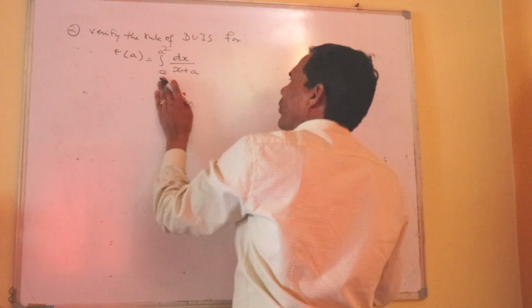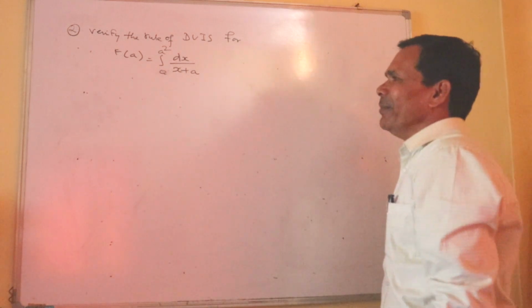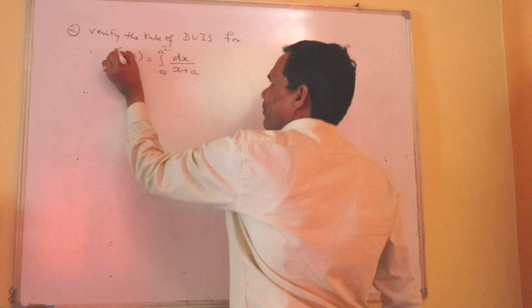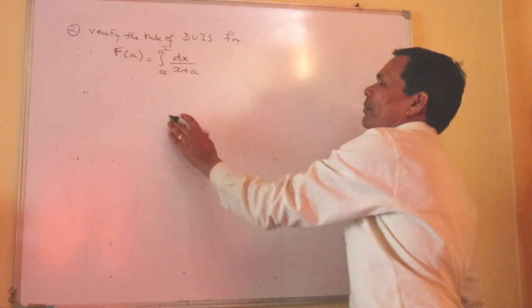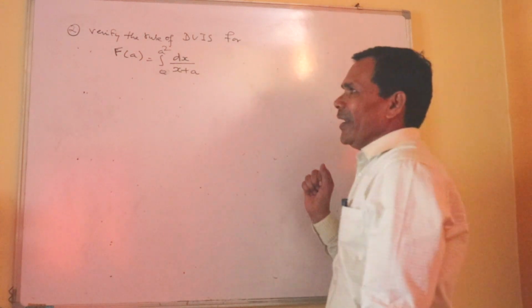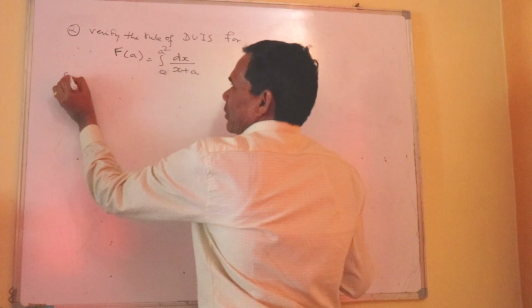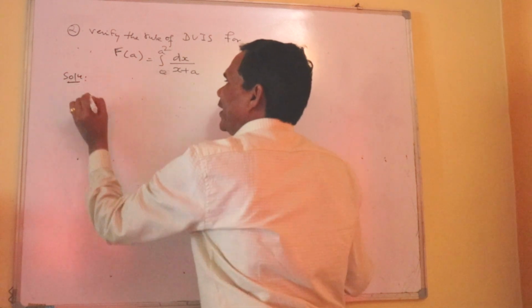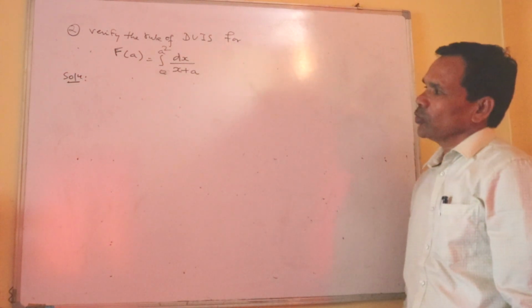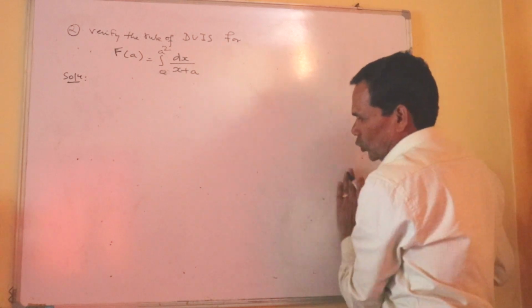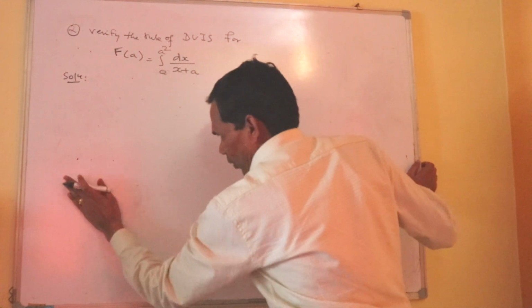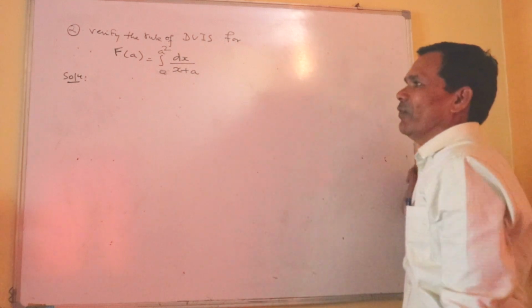You have to verify the rule. Verify means what you have to do exactly. Verification of the rule means you have to find f dash a by actual integration and f dash a by the rule. If they are the same, equal, then the rule is verified.